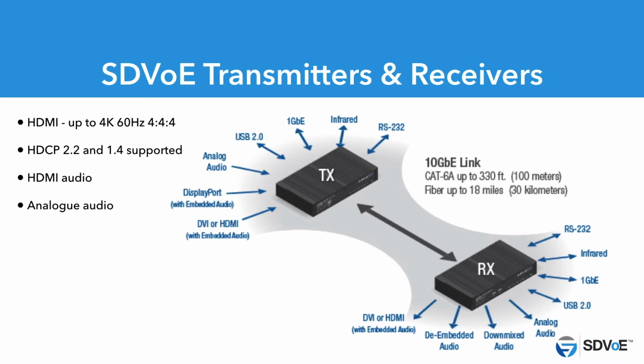Control data can also be sent across independent multicast streams, such as IR, RS-232 and USB 2, and each endpoint provides a 1 gigabit Ethernet port for local peripheral devices.